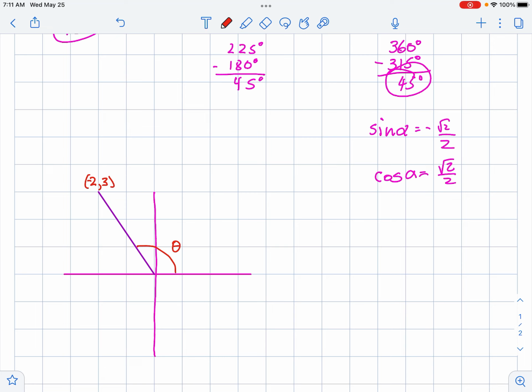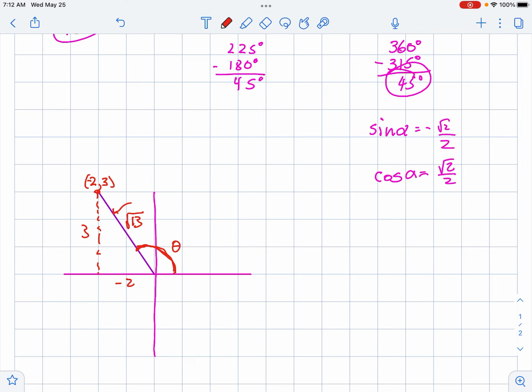So this terminal side right here, it's been rotated over to where the endpoint touches at negative 2, 3. And we want to find the sine, cosine, and tangent. Well, look at this. Of course, this up here is 3. This is negative 2. And of course, this would be the square root of 9 plus 4, square root of 13. Okay? So let's see how this works.